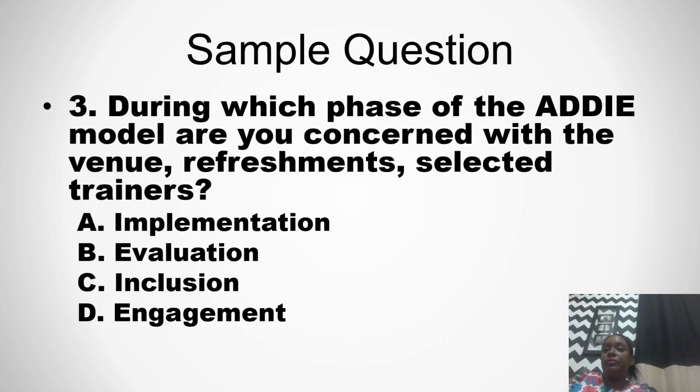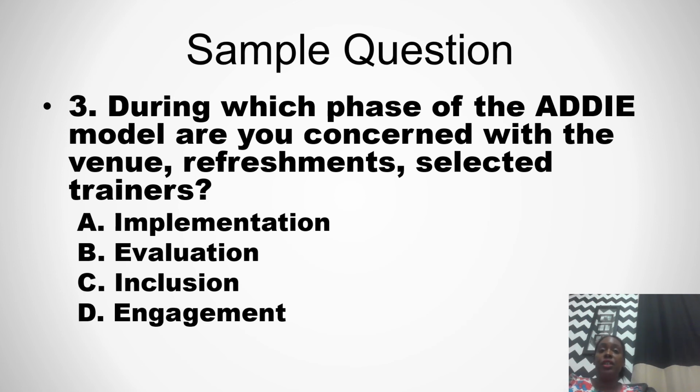Last question. During which phase of the ADDIE model are you concerned with the venue, refreshments, selected trainers? Is it A, implementation, B, evaluation, C, inclusion, D, engagement?